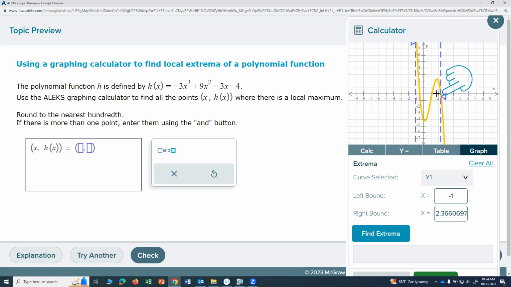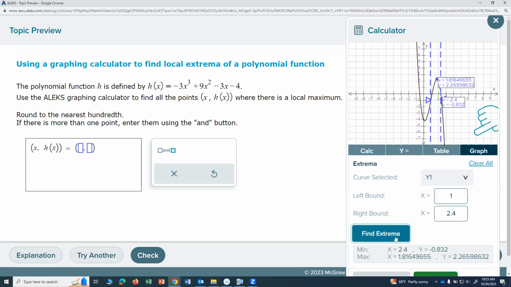So I might go to a left bound of 1, and then do the right bound of, we'll just go ahead and do 2.4. And then just check and see if you are to the left of the maximum and to the right of the maximum, but don't include any other extrema between those bounds.